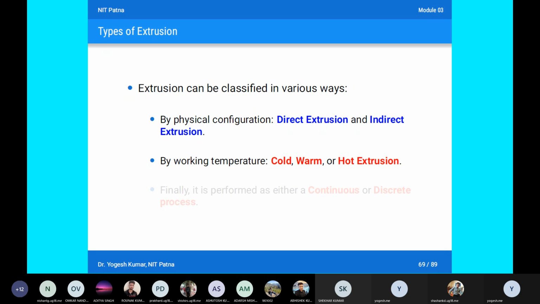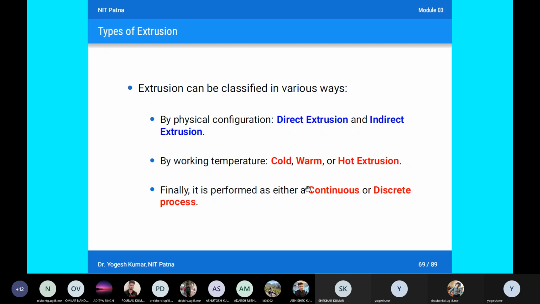Then, as is common under bulk metal forming processes, we can classify cold, warm, and hot extrusion. Similarly, extrusion processes are classified as cold, warm, and hot. And there is one more classification in extrusion processes, that is continuous or discrete process.